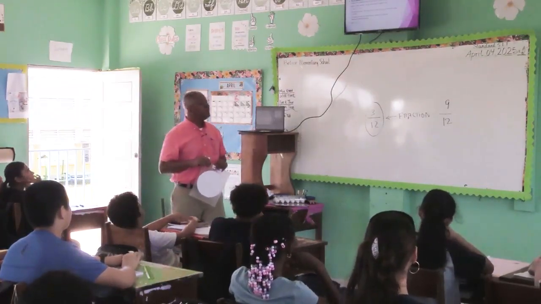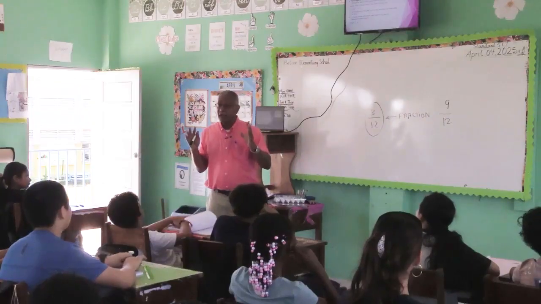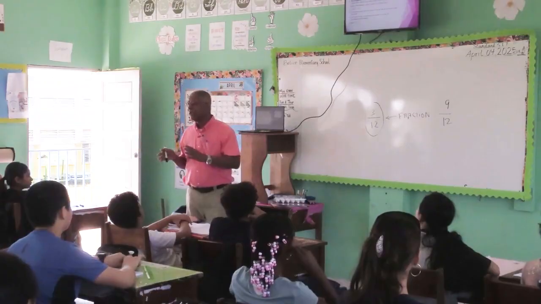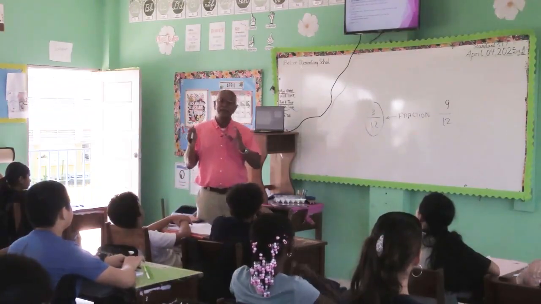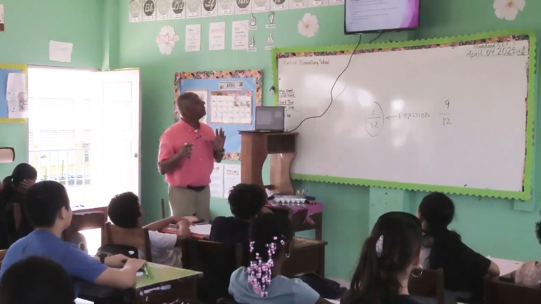Okay, now I'm going to move into another topic called mixed numbers or mixed fractions. The idea of mixed numbers involves fractions. So whenever you have a number made up of a whole number plus a fraction, you define that number as a mixed number or mixed fraction.